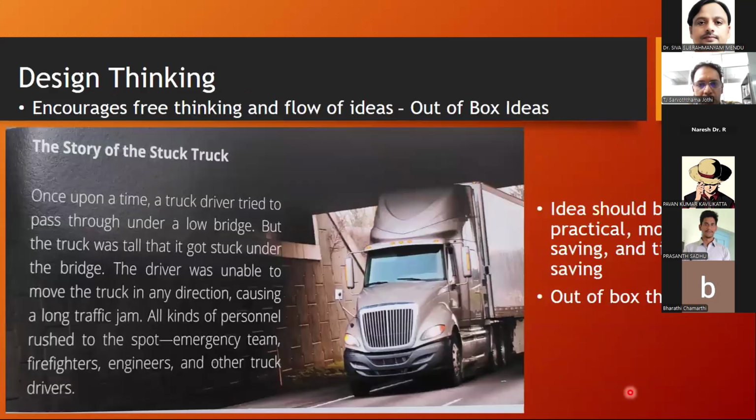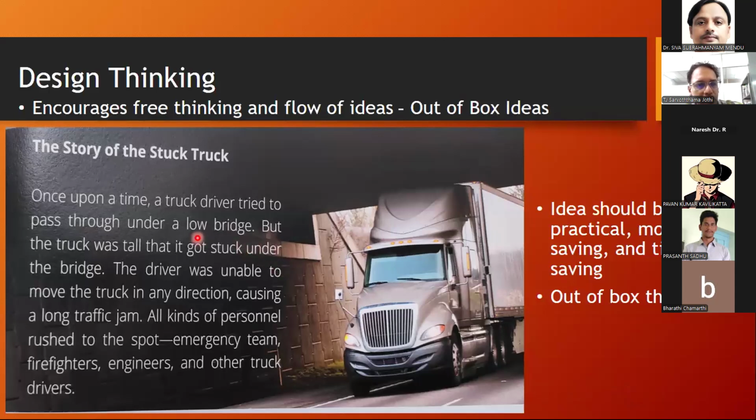Now design thinking goes with the critical thinking aspect also. This is one very famous example that we come across in the critical thinking process. Maybe you can also go through this problem and see if you are able to give the answer.